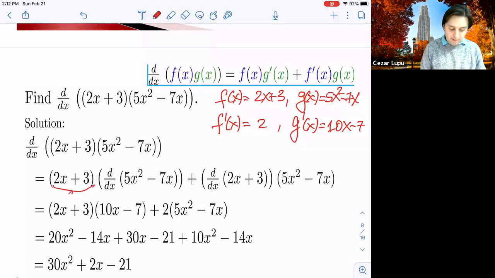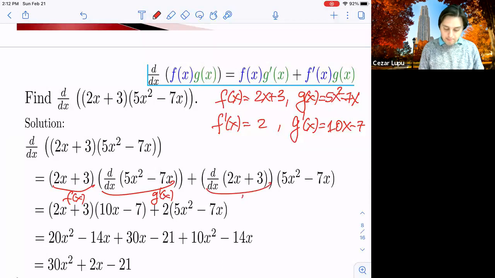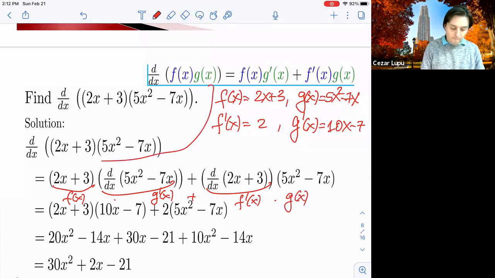As you can see, this is f, this is g prime, this is f prime, this is g of x.